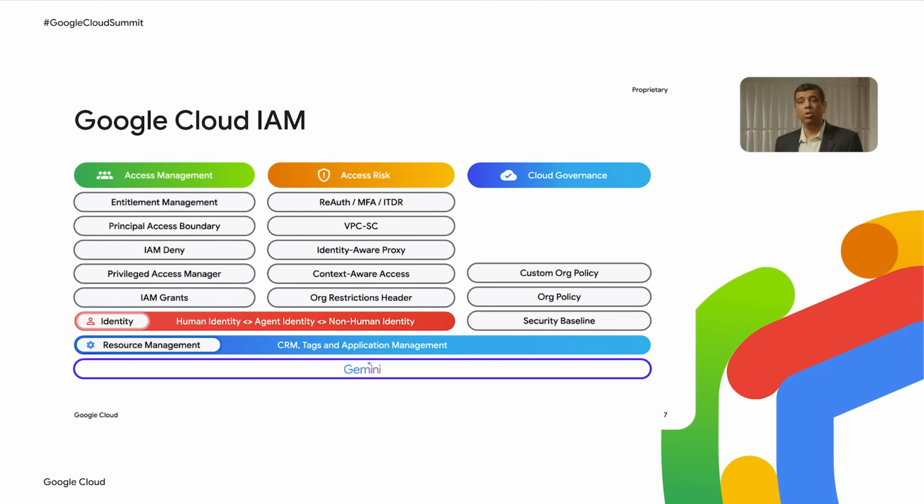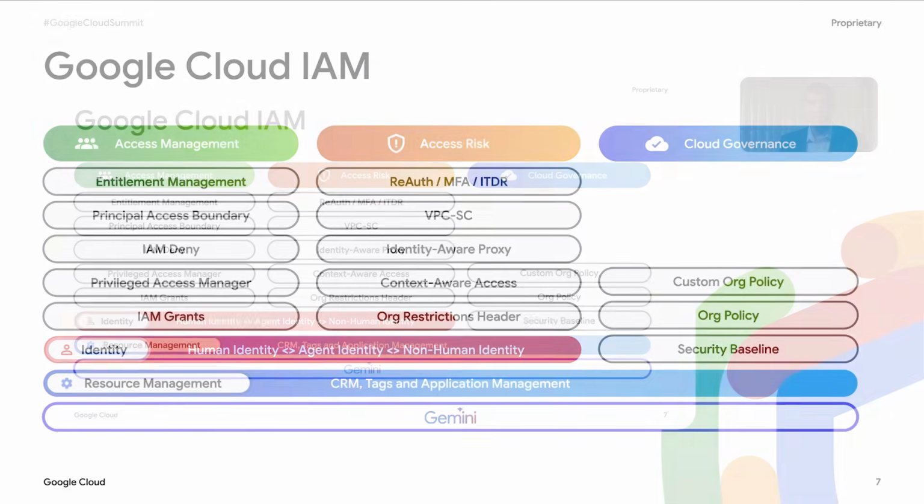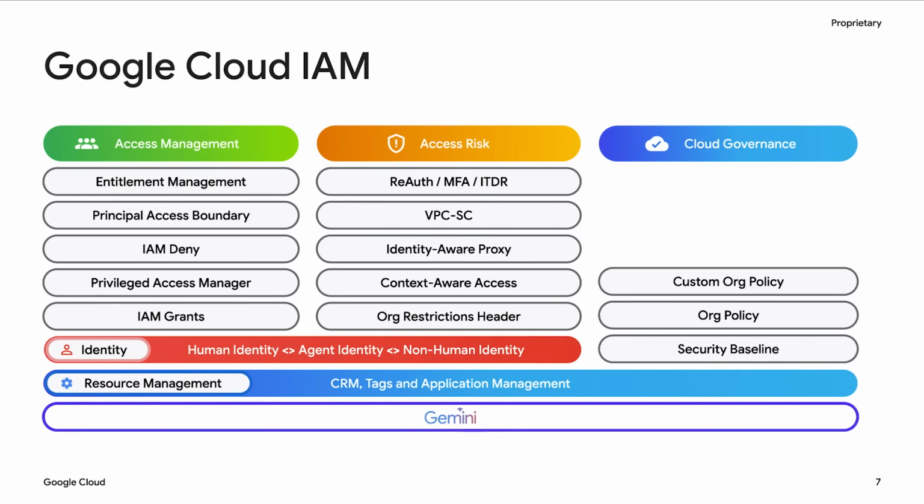At the same time, we also have a series of runtime access risk management capabilities that allow you to build a network boundary around your resources, that allow you to enforce re-authentication, MFA, and respond to threats in real time. All these capabilities collectively provide a strong security platform for you to manage and control your AI resources.